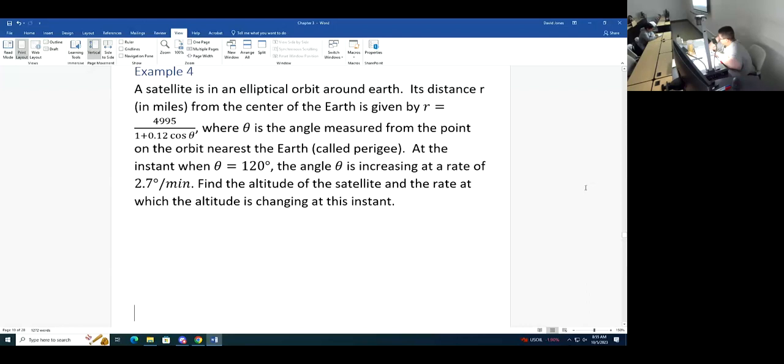At the instant when theta equals 120 degrees, the angle theta is increasing at a rate of 2.7 degrees per minute. Find the altitude of the satellite and the rate at which the altitude is changing at this instant.